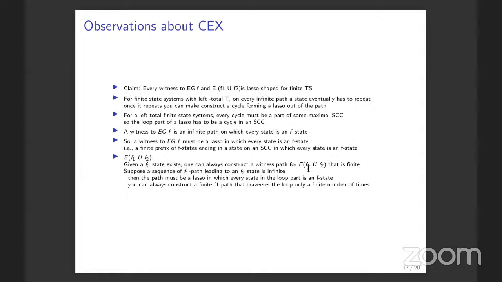So that's why you could generate a witness to F1 until F2 fairly easily by saving the intermediate results at each step until you reach the fixed point, and then you can trace the thing forward.